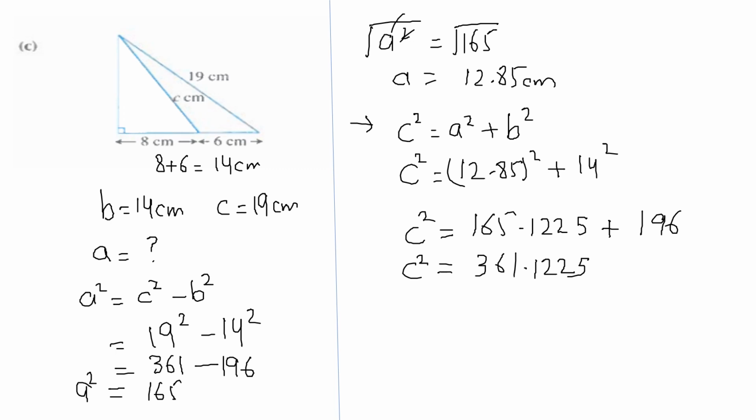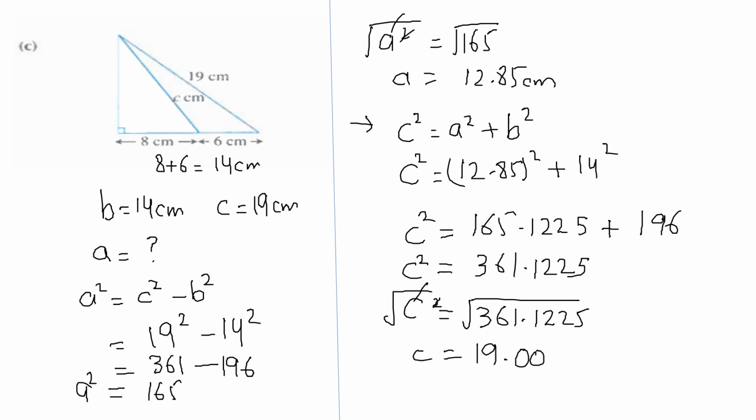Now what you have to do again is you have to find the square root of this number, 361.1225, and you will get C as 19.003, right? This is how you are gonna solve for these type of question. And the unit is centimeter. Writing the unit is necessary in these cases, as these are the sides, and the sides have units which you need to write with them.